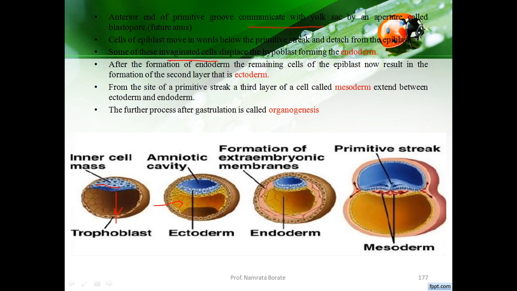Some of the epiblast cells enter the hypoblast region, and there is a formation of the endoderm region, and the remaining cells of the epiblast result in the formation of the ectoderm layer. From the site of the primitive streak, the third layer is formed, the mesoderm. After the formation of the ectoderm, mesoderm and endoderm, the process after gastrulation is called organogenesis.